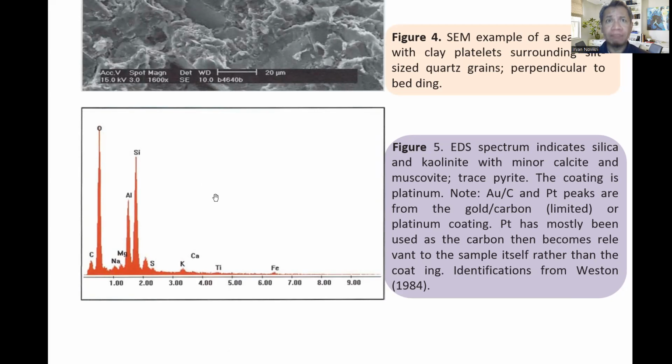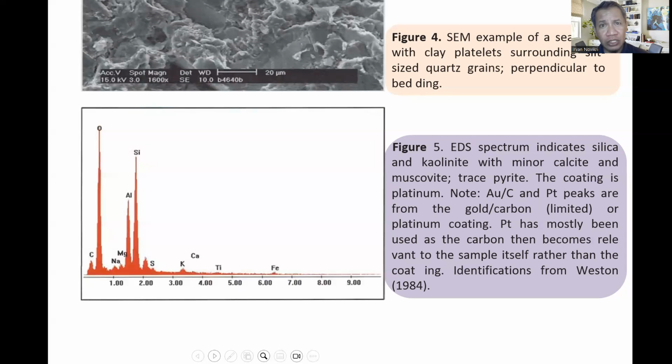The EDS spectrum obtained from the analysis indicates the presence of silica and kaolinite as major components, along with a minor amount of calcite and muscovite. A trace amount of pyrite is also detected.